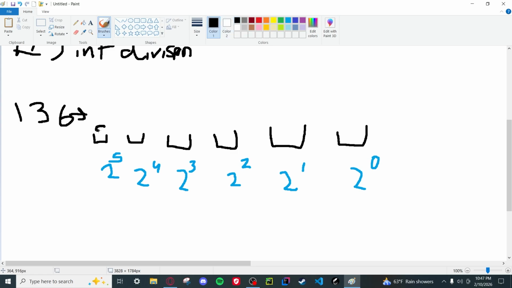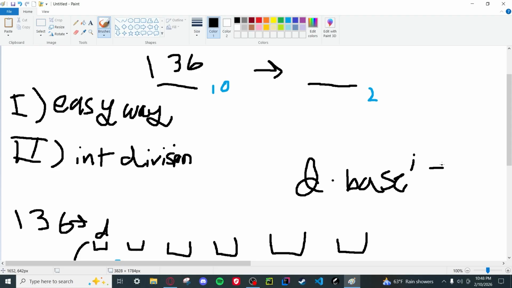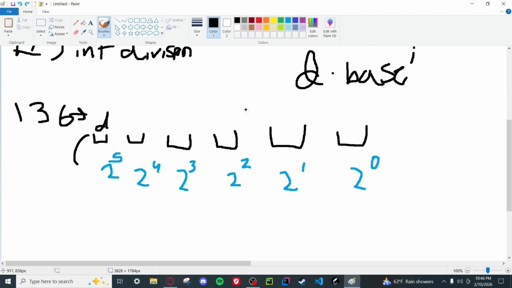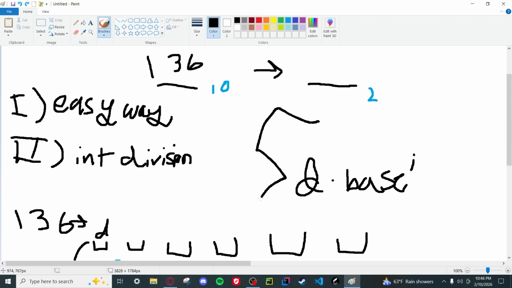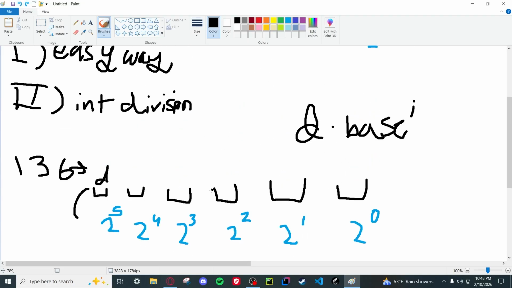Whatever digit is in here, you multiply with this and then add it with all the others to get your answer. That's the formula: digit times base to the i, and then you add it with everything else. I'm not going to use the summation notation because that's unnecessary. This process is kind of the inverse.